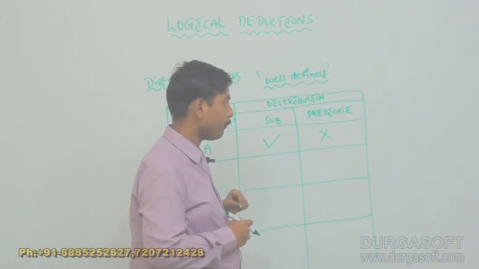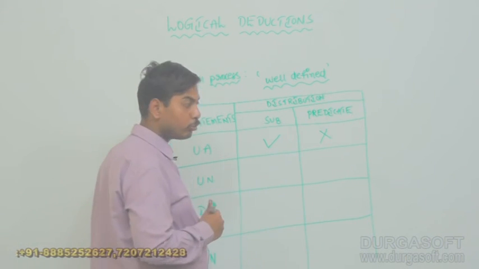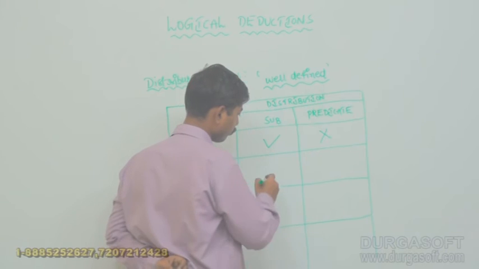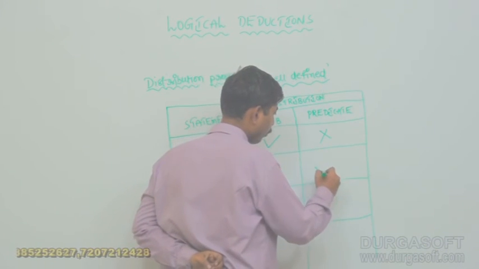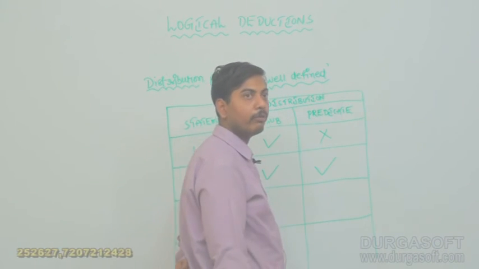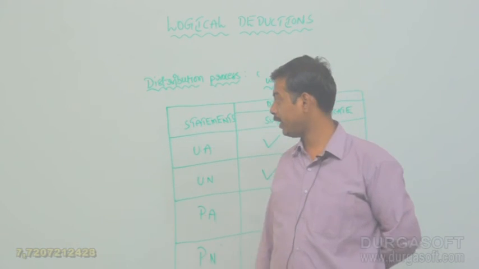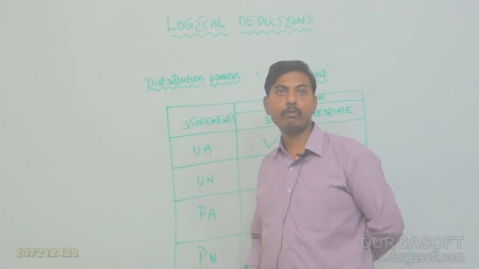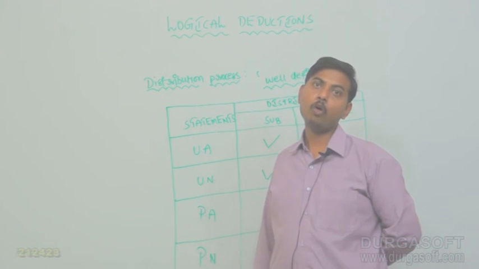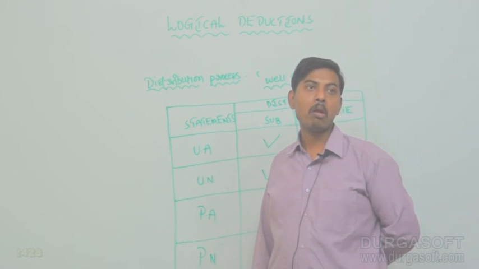Alright, next one, universal negative. Universal negative means subject and predicate both are defined very well. Let us take an example for universal negative. No boy is a girl.